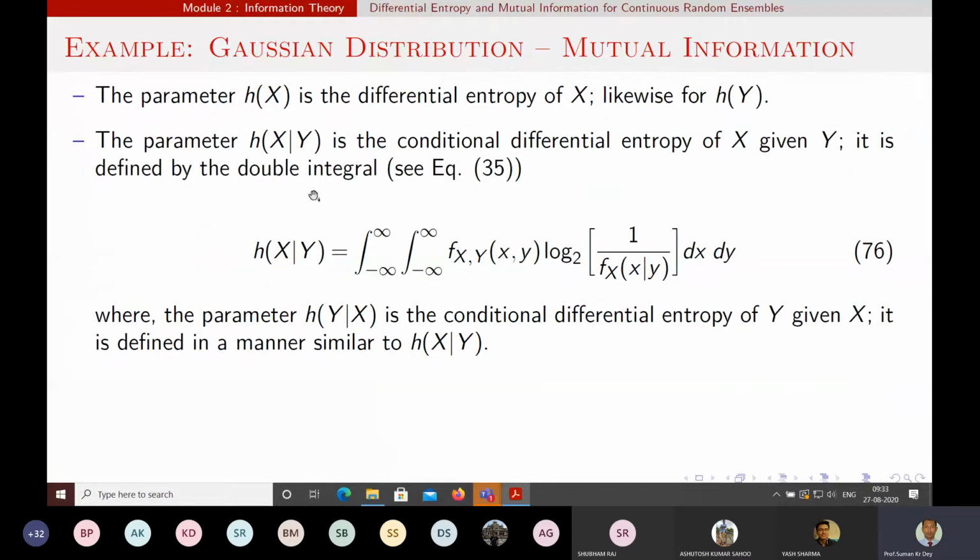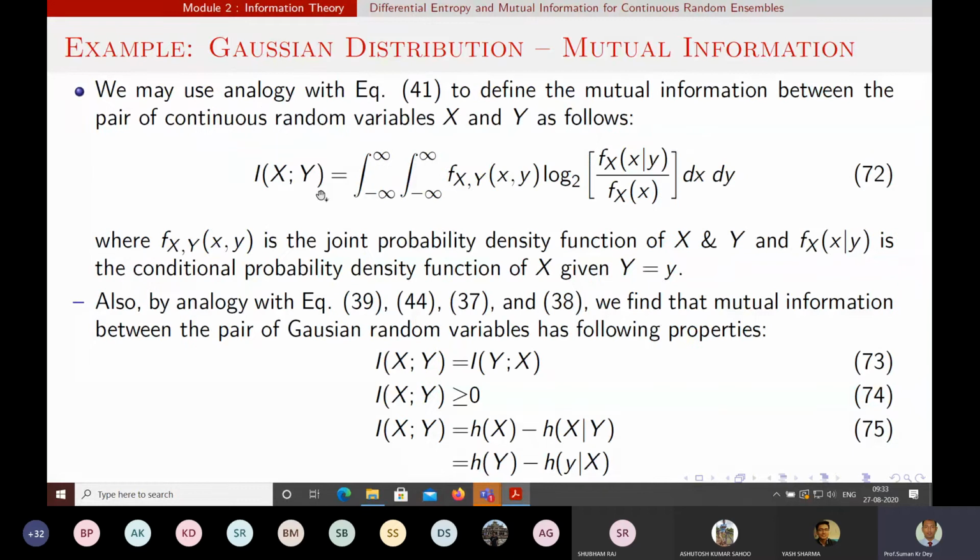Okay, now that parameter, the differential entropy, is similar to your h of y, h of x; both are almost the same kind. So now if we want to find the entropy for your mutual information, when there is a joint probability density function, in that case we can find the entropy value for the joint probability density function.